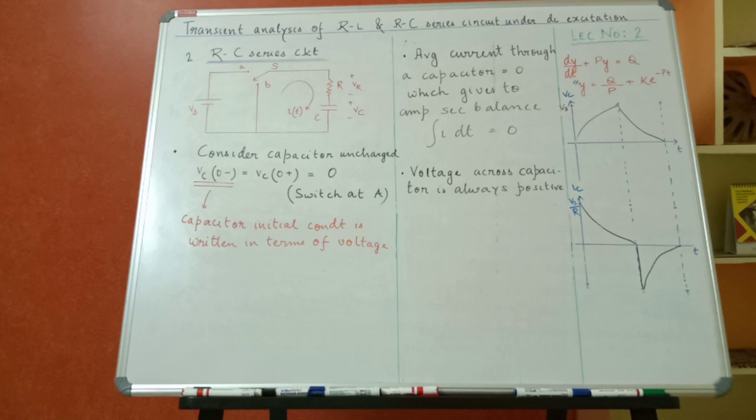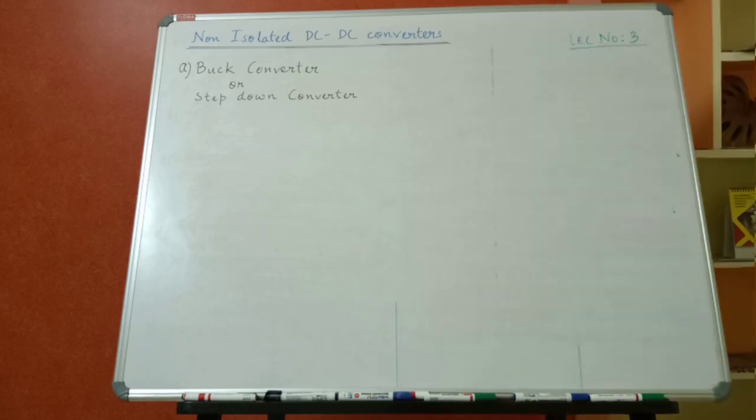So you solve this circuit by keeping the switch at A and then switching it to B. I think you can do it like the last thing. It is a first order differential equation, the solution is given, and you will get these two curves. This is very important for you to understand the operation of RL and RC and how the waveforms of VL, VC, IL, IC look under DC excitation.